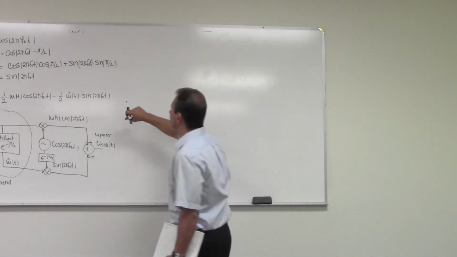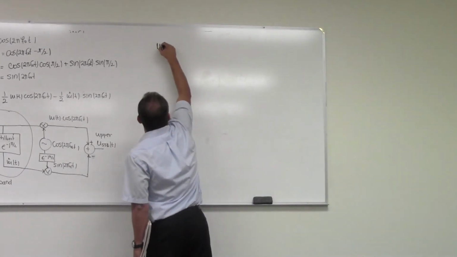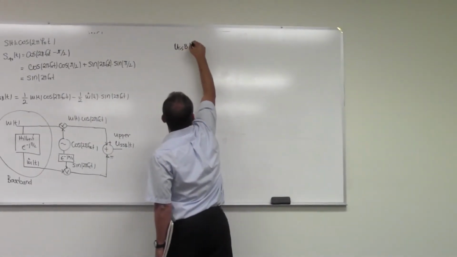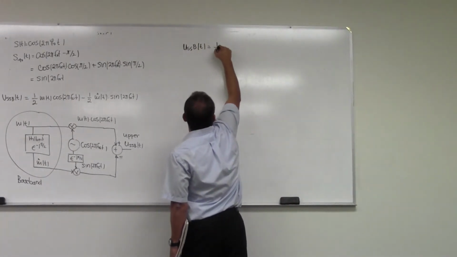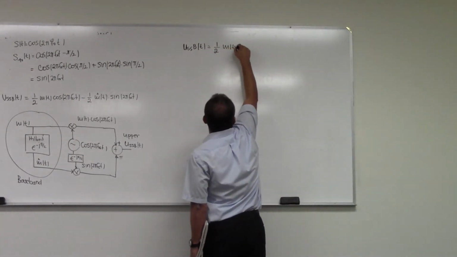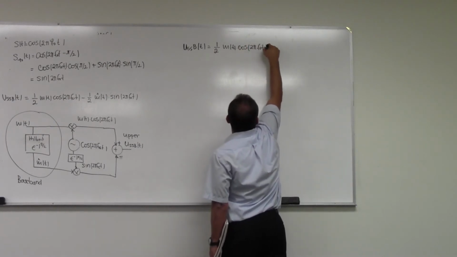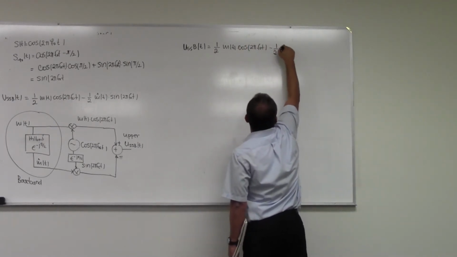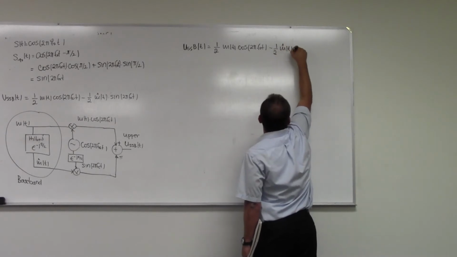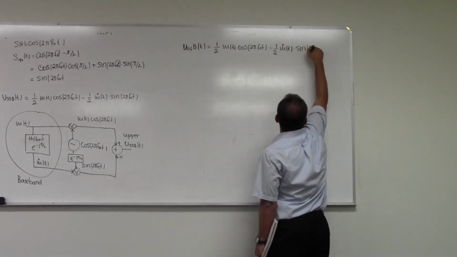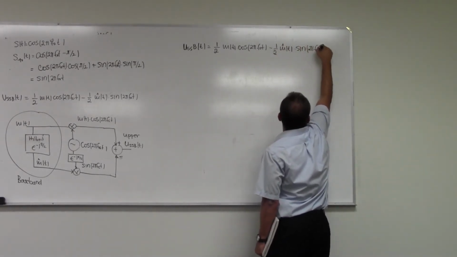But if I look at this expression here, I can say U single sideband of t is equal to 1/2 m of t times cosine 2 pi f0 t minus 1/2 m hat of t times sine 2 pi f0 t.